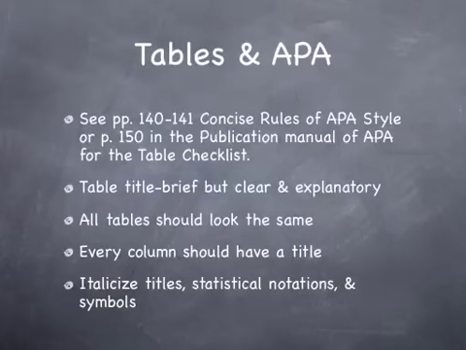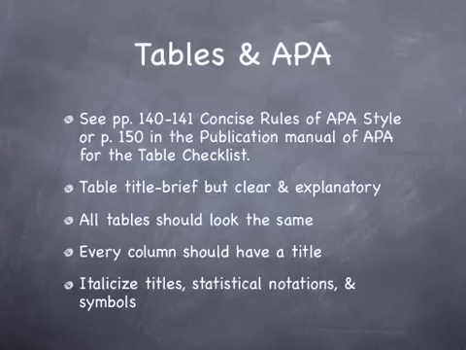Some other things about tables and APA that I want to point out. You can see pages 140 and 141 in the Concise Rules of APA, or page 150 in the Publication Manual of APA, for a table checklist. It's good to go through that and look at your tables when you develop them. Some things I'm going to point out about tables.